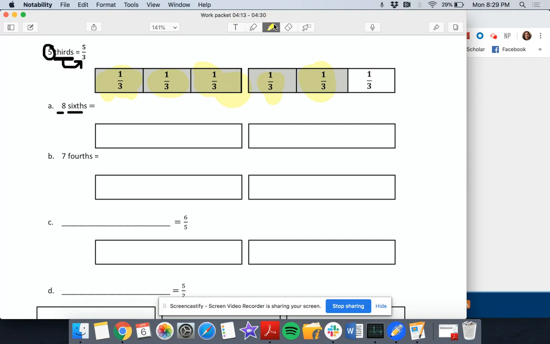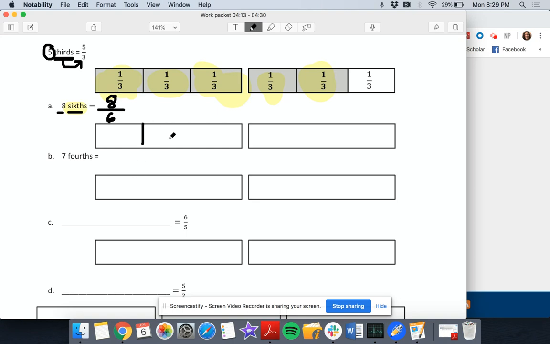Okay, let's do the next one together. 8/6. What number is this? Sixths. What number do you see in here? Sixths. So that's 6 needs to be the denominator. That will be the total number of pieces in each strip. And then this 8 will be the numerator. So that's how much we need to shade in.